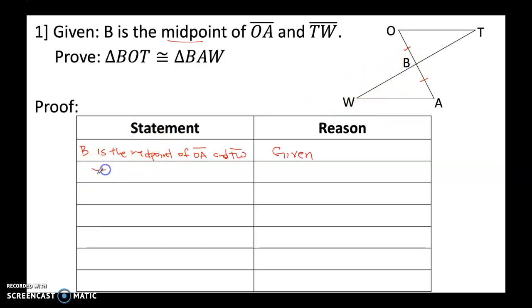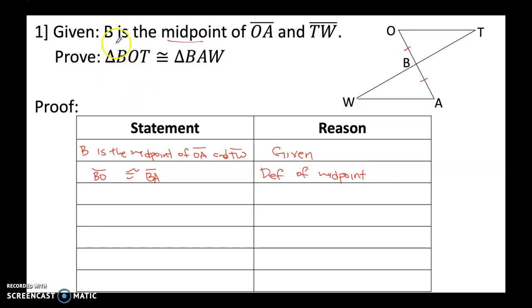Segment BO is congruent to segment BA. Reason? By the definition of midpoint. So if the point is the midpoint of the segment, it divides the segment into two congruent segments.